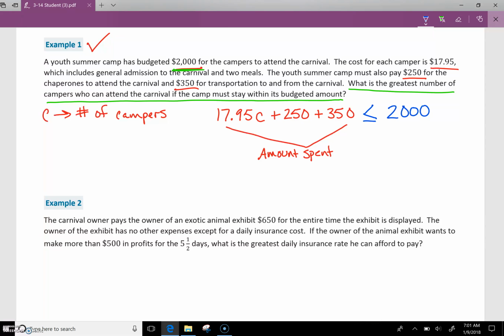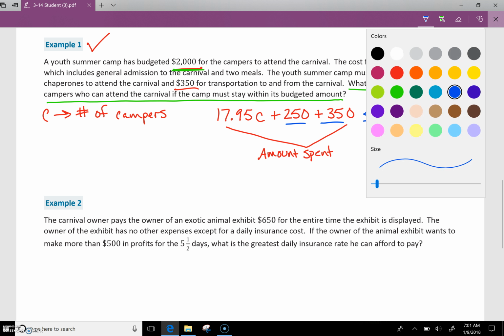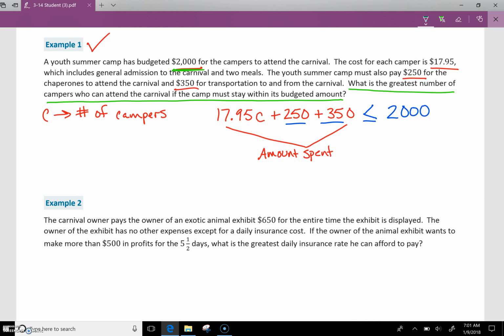Now we're going to solve. In order to do that, first thing I would do is combine these like terms so that we have an easier inequality. And I'll rewrite it down below. When we rewrite that, it's going to be 17.95C plus 250 plus 350 is 600.